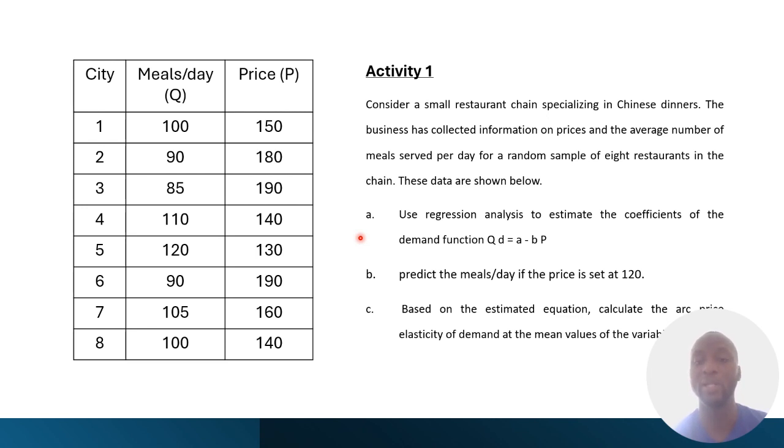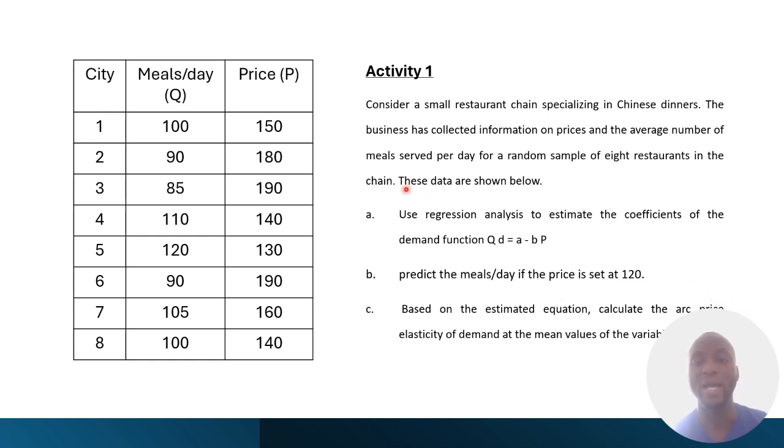Question B, on the other hand, just because you're able to get A and B, you just need to plug in the 120, that is the price, and then you're going to get the quantity demanded, that is the meals per day, if the price is set at 120.